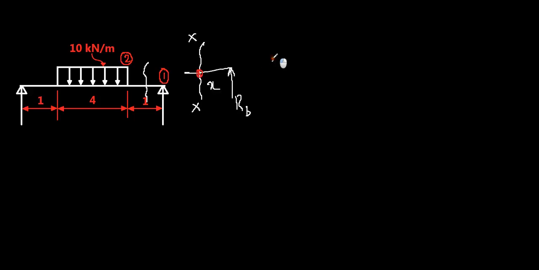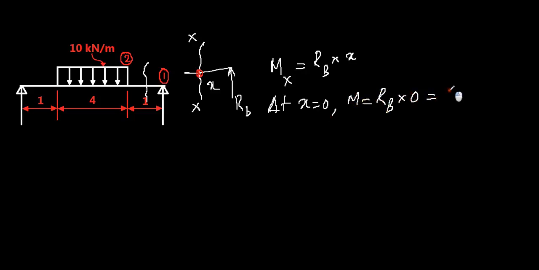So the moment about the section equation is Rb times x, and you have two values for x, 0 here and 1 here. X varies from 0 to 1. So at x equal to 0, which is this point, the moment equal to Rb times 0, that is equal to 0.